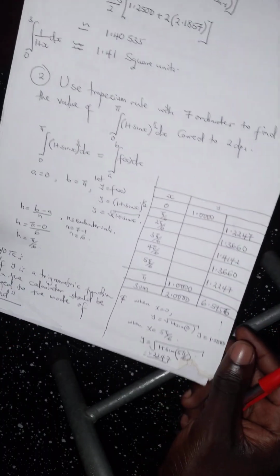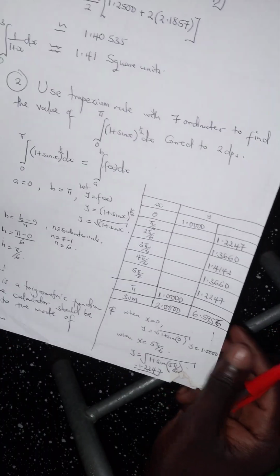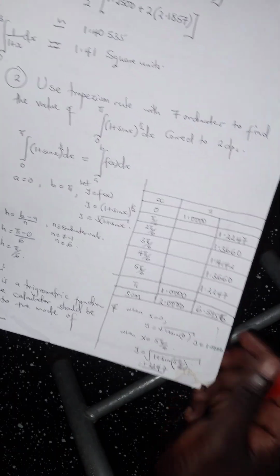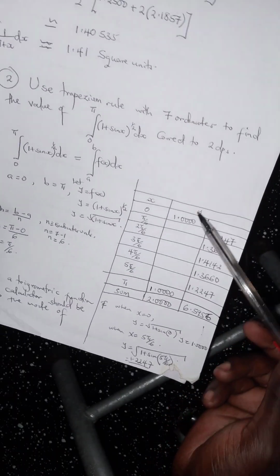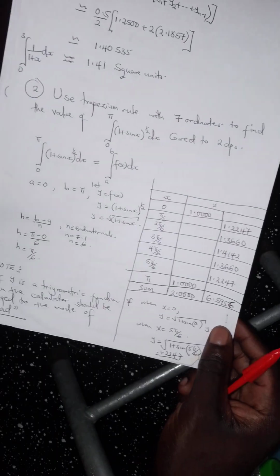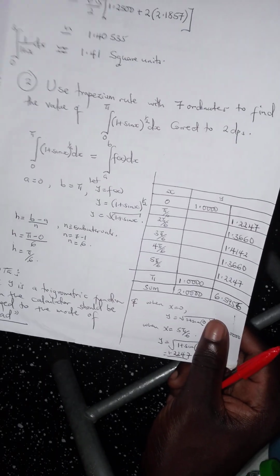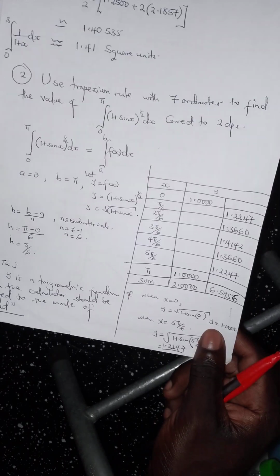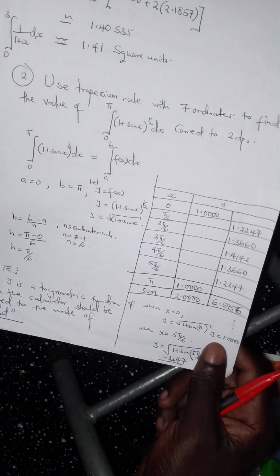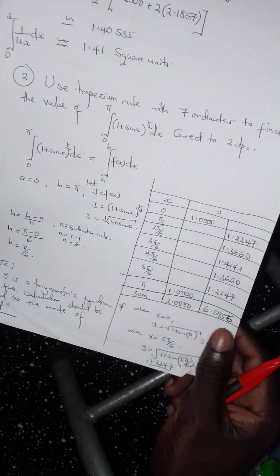Now the other way they can hide this is when they give you a table that has the x values and f of x values, and you're supposed to use the trapezium rule to get the value of the integral of any given function.